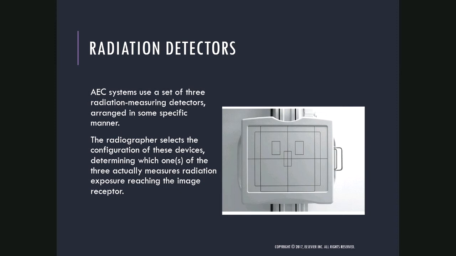But I also want to point out that these detectors are in the same place when you're dealing with the table bucky also. They're just not marked on the tabletop because your tabletop can move and the detectors are fixed with the bucky. I've had students before who have been confused by that because they can't see the detectors outlined on a table bucky like they can on the wall bucky.